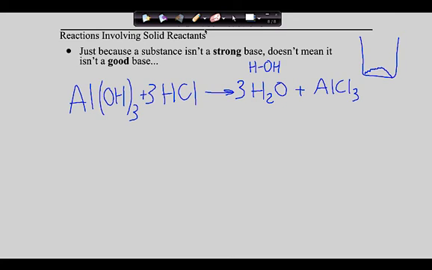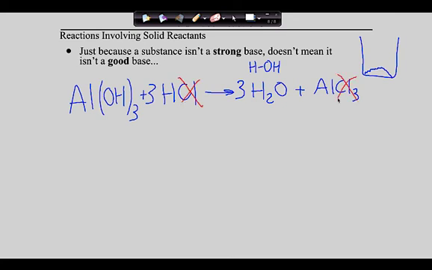What about the hydrogen? Here, the hydrogen is an ion bobbing around in water. Here, it's tied up in water. Did the hydrogen do chemistry? Now here, chlorine is a negative ion floating around in water. Here, the chlorine is a negative ion floating around in water. Did the chlorine do chemistry? It did not. That is your only spectator.